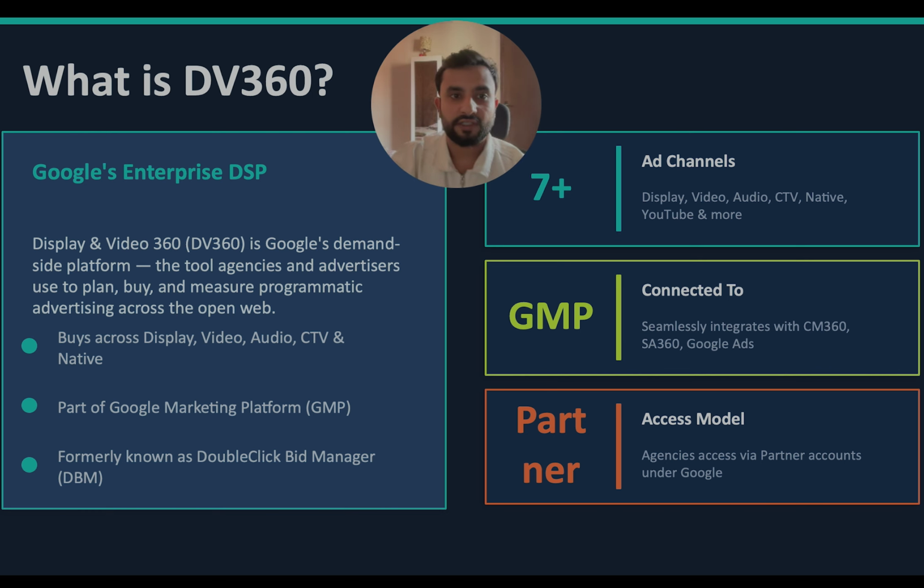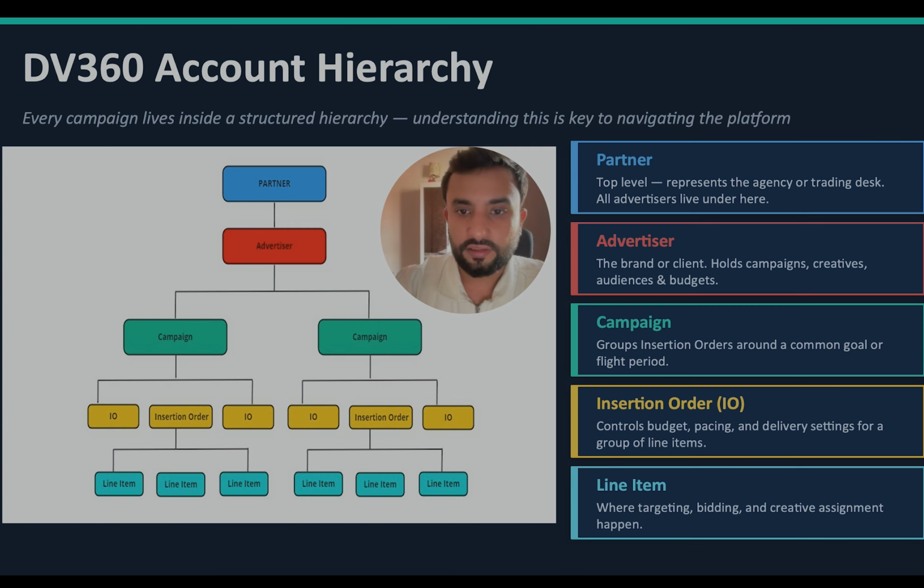DV360 is Google's enterprise DSP. It's the demand side platform used by agencies and advertisers to plan, buy, and measure programmatic advertising across the open web. You can buy across display, video, audio, CTV, and native inventory. It's part of Google's marketing platform. It was formerly known as Double Click Bid Manager.